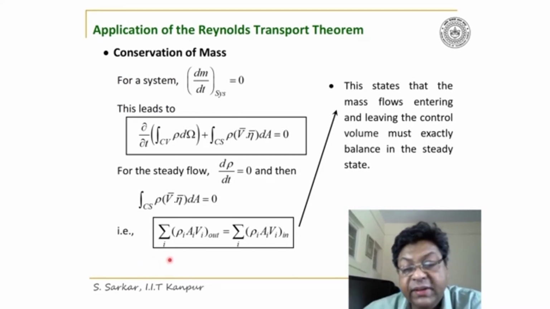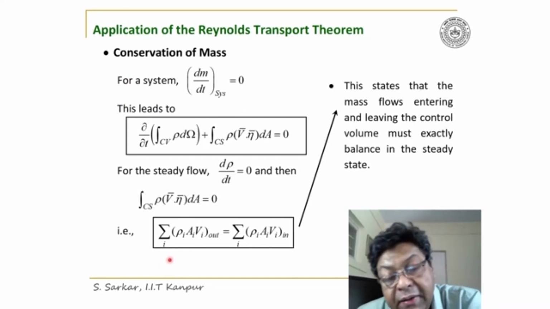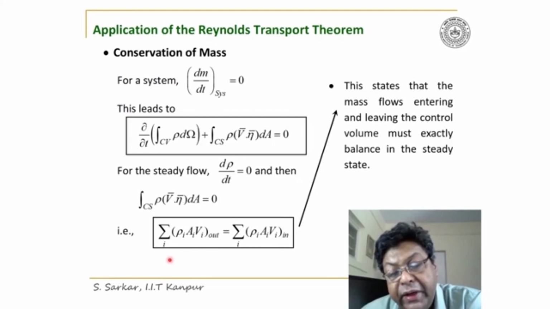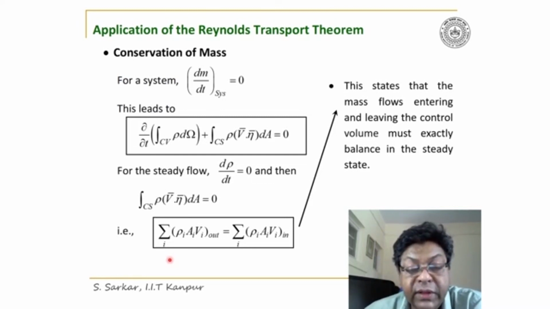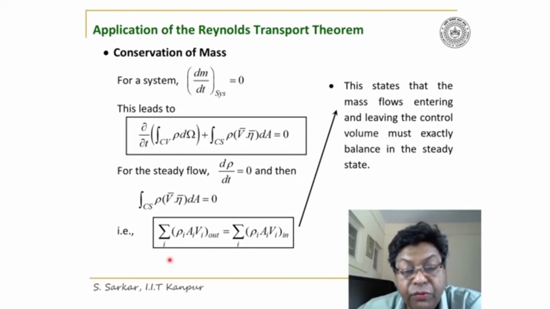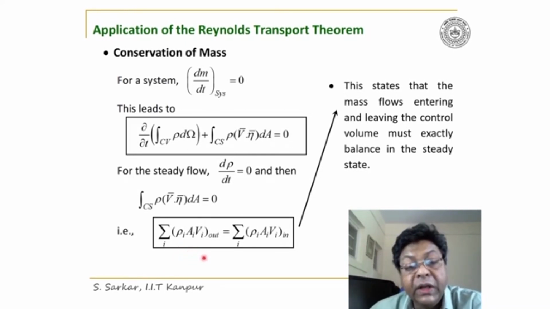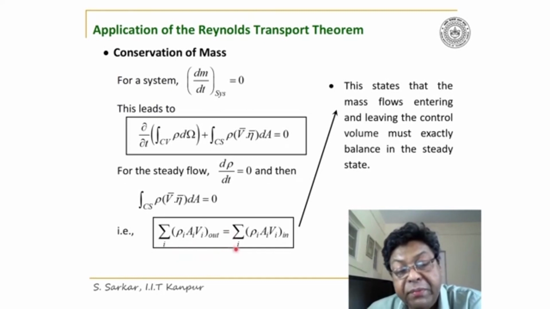If I consider a number of discrete areas through which the mass enters the control volume and also leaves the control volume, then I can write sigma of rho_i A_i V_i out is equal to sigma rho_i A_i V_i in.